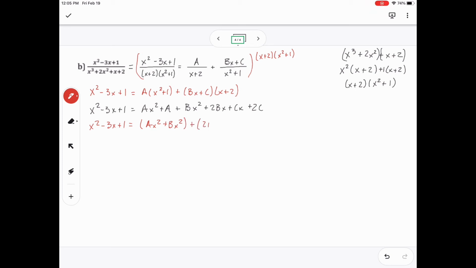And then I group, just like I've been doing. And then I can factor out the x squared out of the first one, the x's out of the second, and then leave my constants alone.